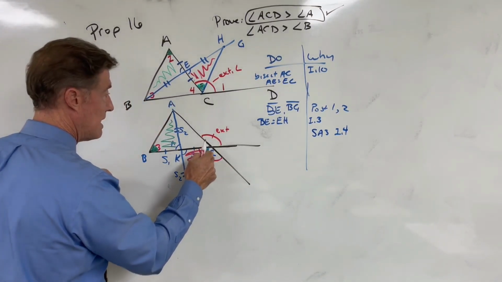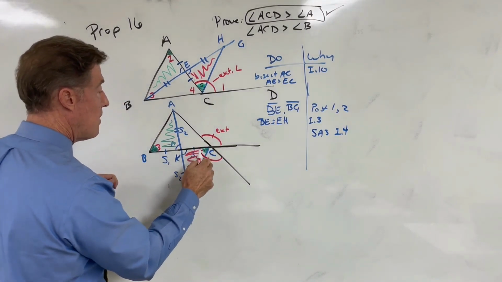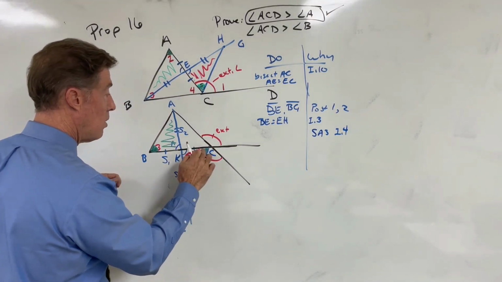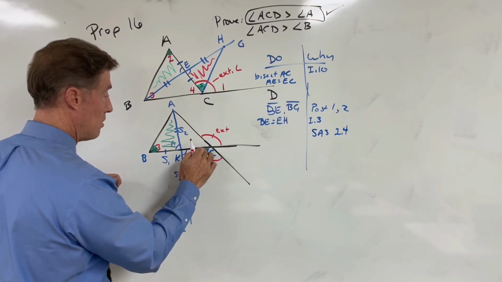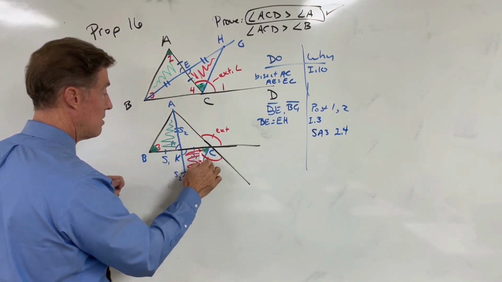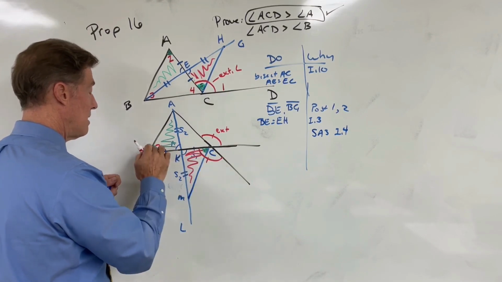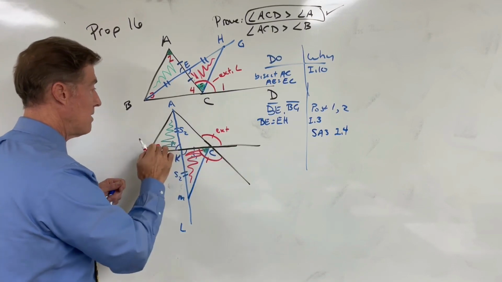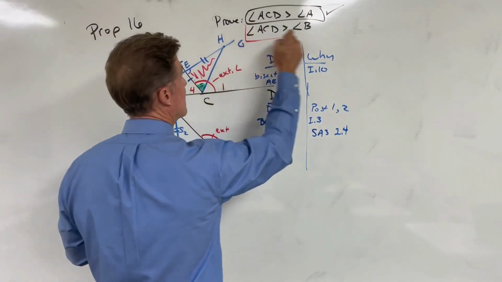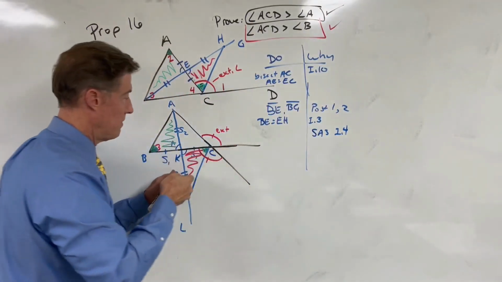So this is just the same angle as this. And we know that this angle is the whole, and this little color block is the part. Therefore, this angle is greater than this green, which is equal to this. Therefore, this angle is greater than angle 3, and this angle is equal to this. Therefore, this exterior angle is greater than angle 3. And that's the second thing that we're meant to prove.